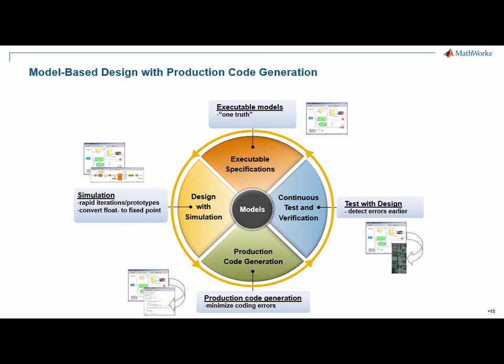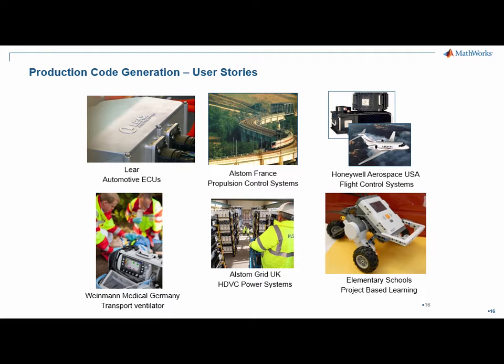Now, every step along the way, whether you're simulating or using test and verification tools, you can continuously test your algorithms as they move from executable specifications to your production code. Now, this technique of model-based design with production code generation has been used for a number of years now in many of the larger embedded controls industries, such as shown here with automotive, aerospace, and industrial automation examples.